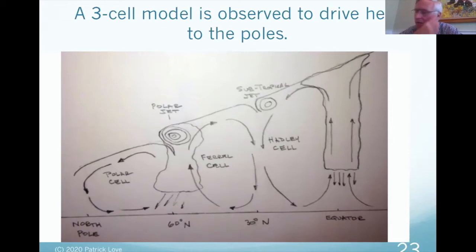Now, it turns out if you go up to the North Pole, you have a very similar situation. The pole is cold and high pressure at the surface relative to 60 degrees north, let's say Oslo, Norway, right? So basically, air tries to move from the North Pole to Oslo, Norway. It ascends there in Oslo and circulates the way I've drawn it, right?